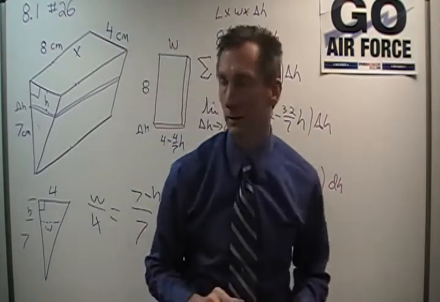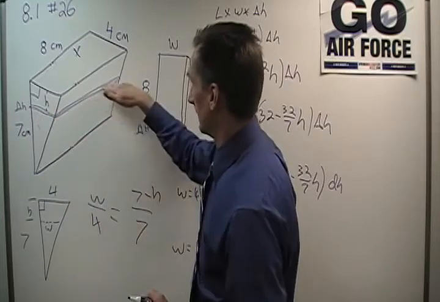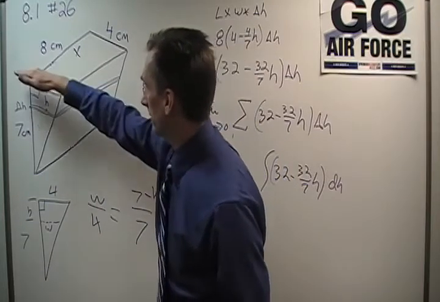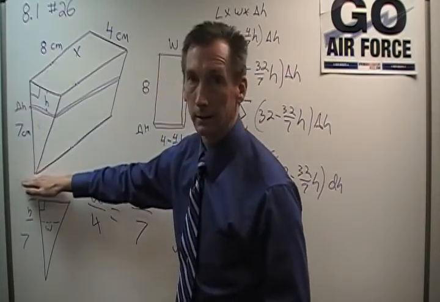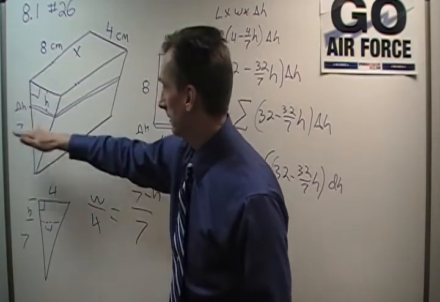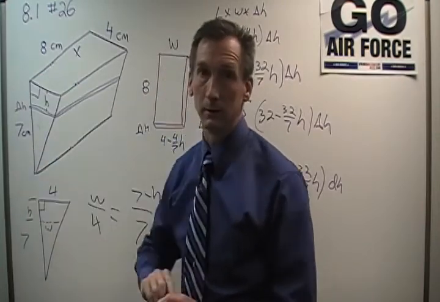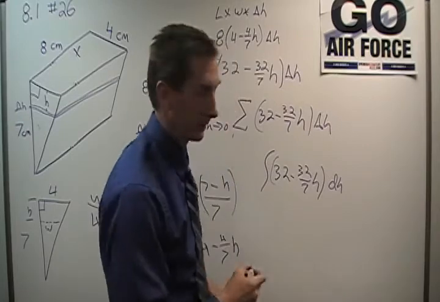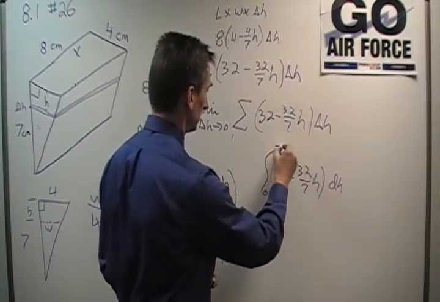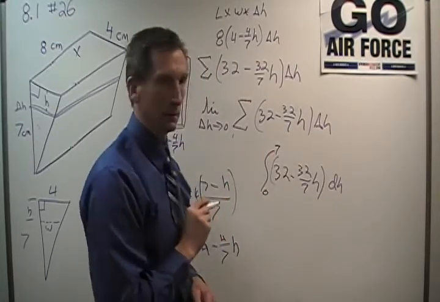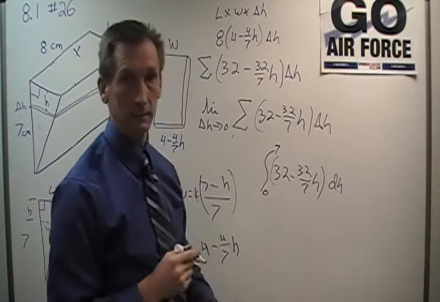Now let's look at the limits of integration. We've sliced this thing in this manner, and we're going to go from here clear down to here. So we're going to be going from 0 to 7. Those are our limits of integration, 0 to 7.